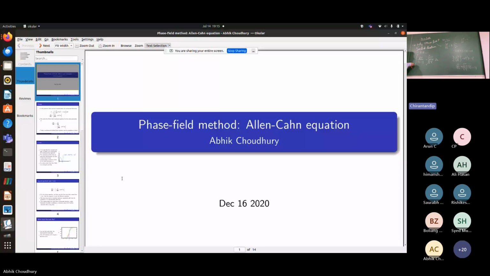This is a pretty routine integration. What will it be? dt over t, ln t minus ln of 1 minus t. So ln of t by 1 minus t is equal to x. Solve for t. We have some exponential function, no?